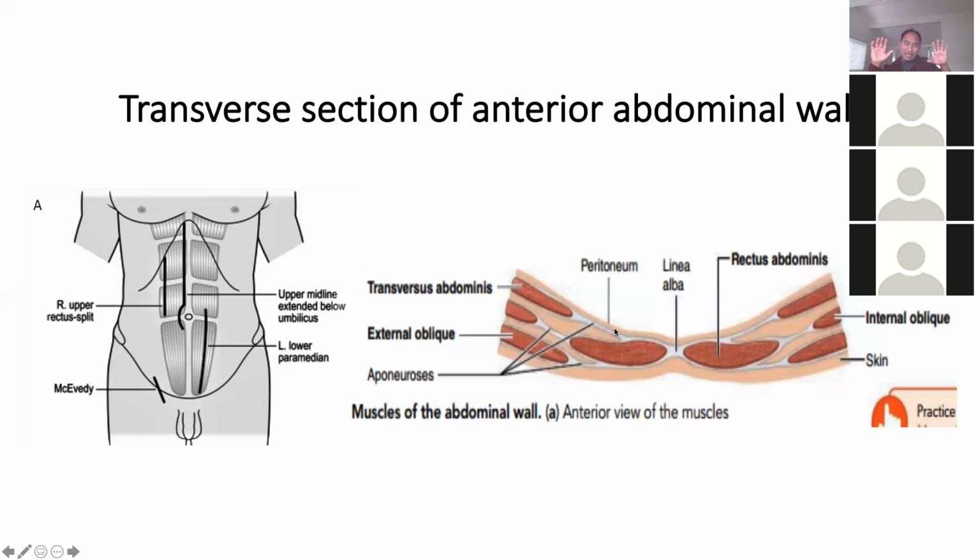It is slightly longer and more time consuming, but the healing rate is much better and the incisional hernia rate is less, because you are going through the muscle. So when we close it, the muscle will be closed and the healing is much better.